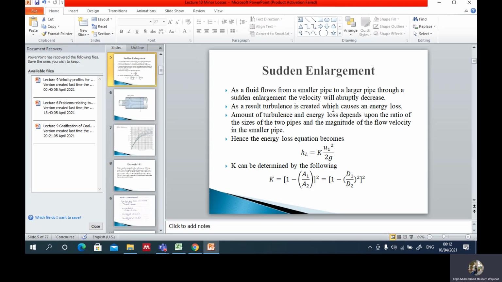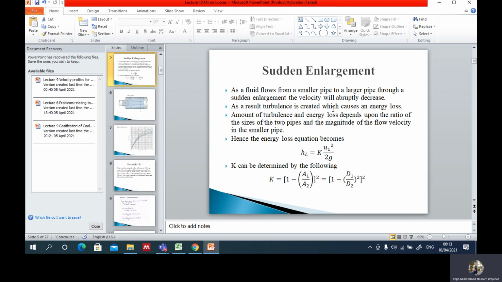The amount of turbulence, that means how much turbulence is being created, matters because the greater the amount of turbulence, the greater the amount of energy loss. As a result, the amount of turbulence and energy loss will depend upon the ratio of the sizes of the two pipes. The amount of turbulence, how much turbulence is created, depends on two parameters. One is the diameter of the two pipes, and the second is the velocity in the smaller pipe.